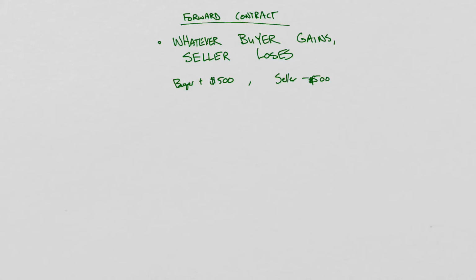But the key point is that if we're calculating the payoff to a forward contract, we look at the forward price agreed upon at the beginning of the contract, and then we follow the difference between the forward price and whatever the underlying does over that time period.